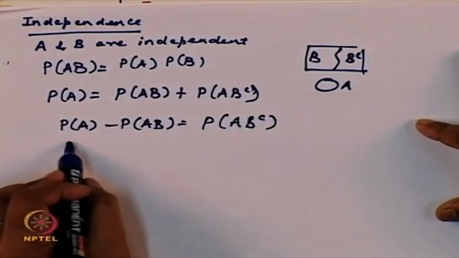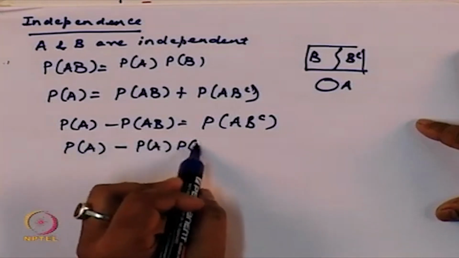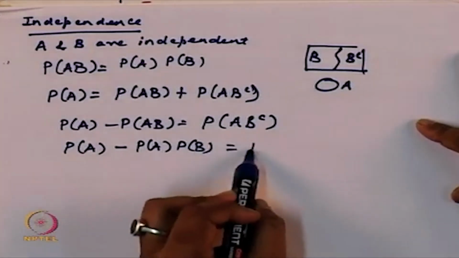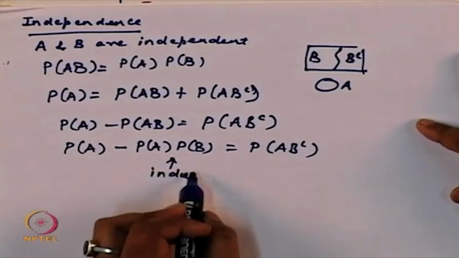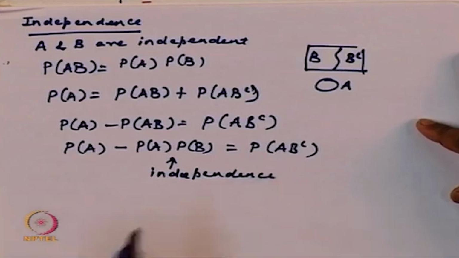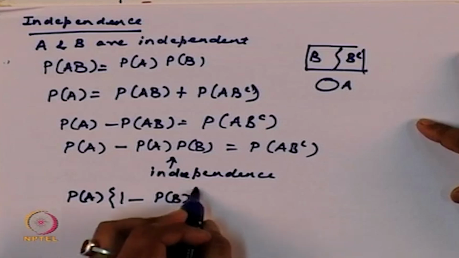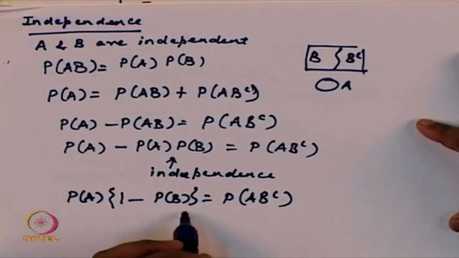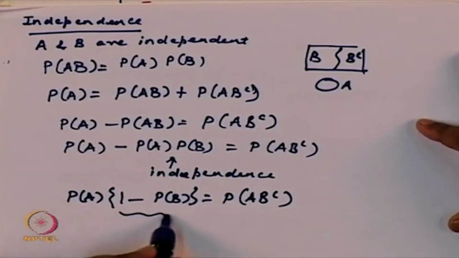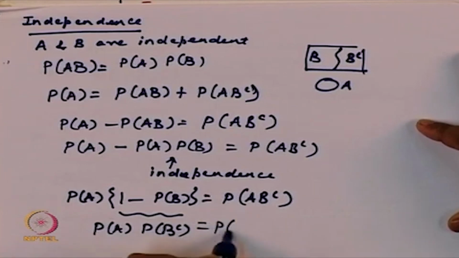Invoking independence, this is P A into 1 minus P B, equal to P of A B complement. And 1 minus P B is simply P B complement, so P A into P B complement equals the probability of A B complement.